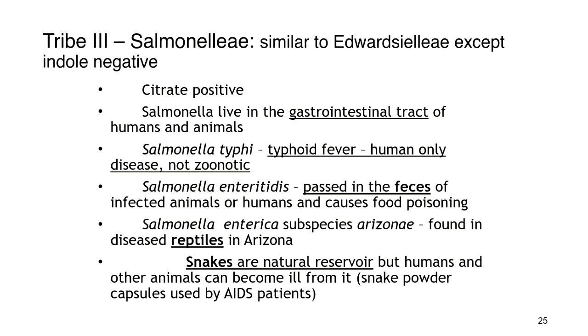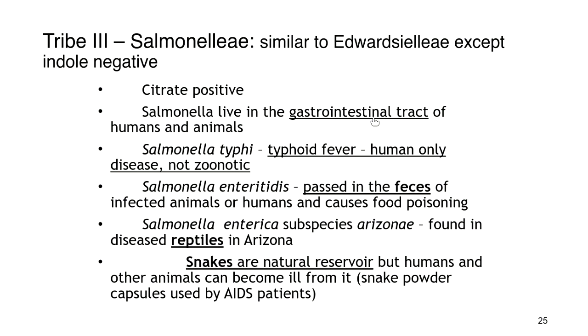Because if you had a gram-negative organism, these are all gram-negative, and you ran an indole test and it was indole negative, that might put you into the Salmonella family. Again, these live in the gastrointestinal tract.